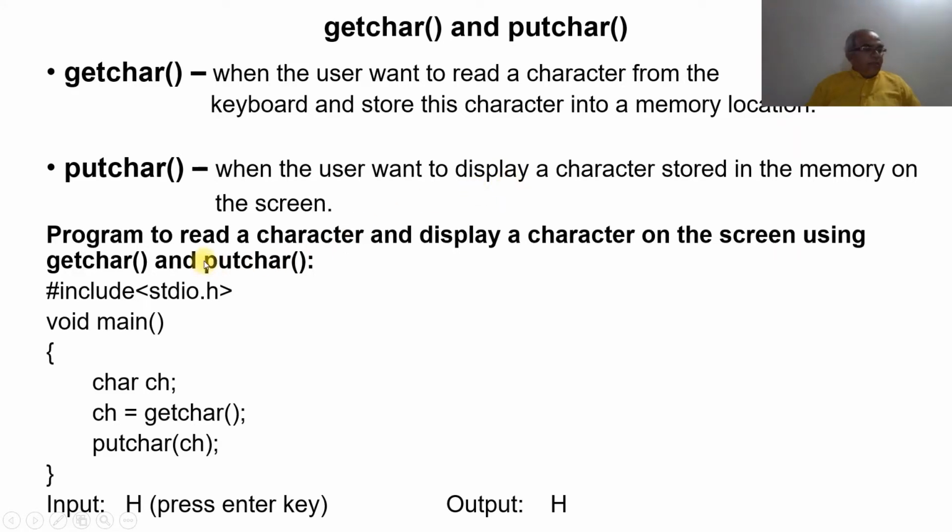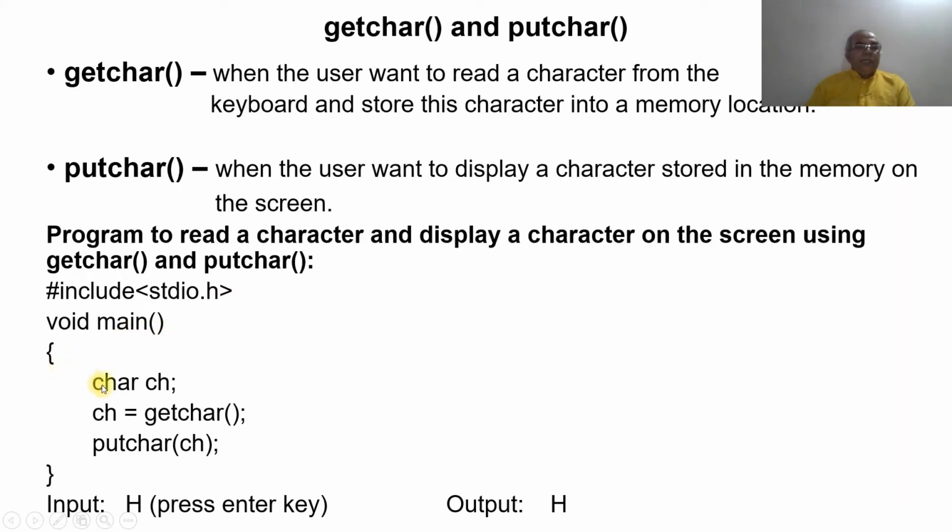So let us take an example wherein we have a program to read a character and display a character on the screen using getchar and putchar. For that, we have hash include stdio.h, which is a standard input output header file. So we will have void main.